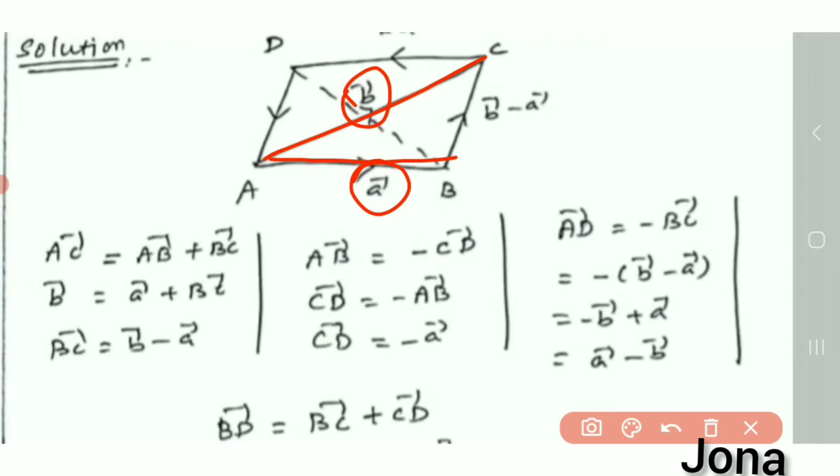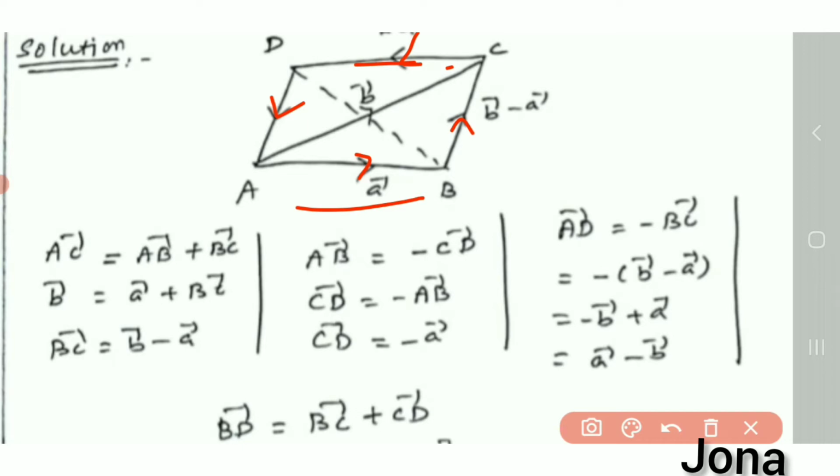Here AB is A vector, and ABCD is a parallelogram, and we can put the arrow marks like this: AB, BC, CD and DA. Here AB and CD are in opposite direction.